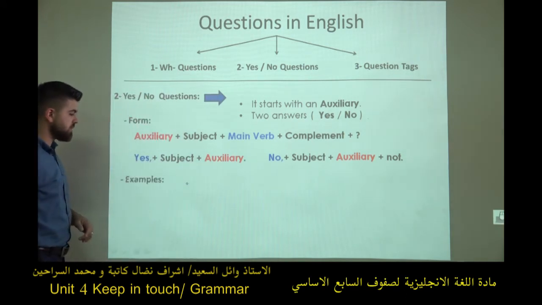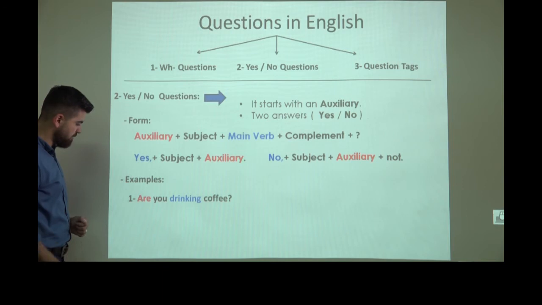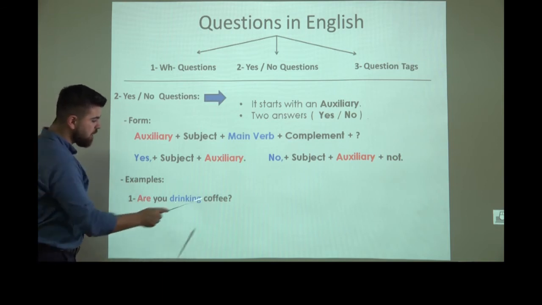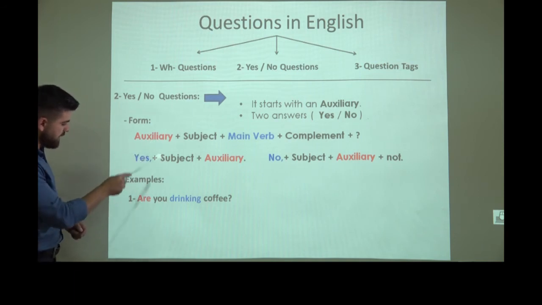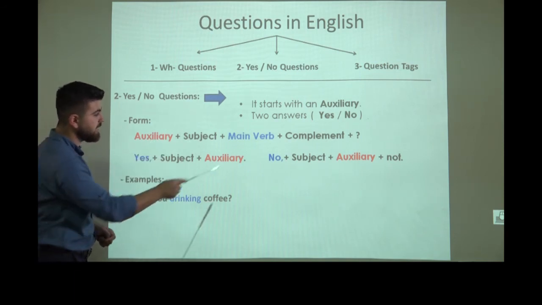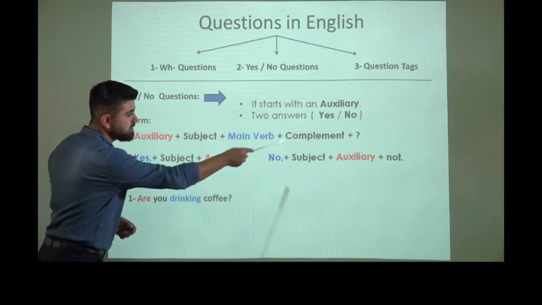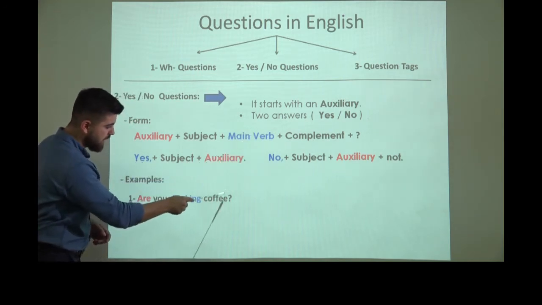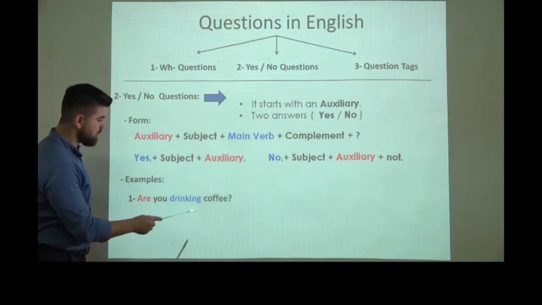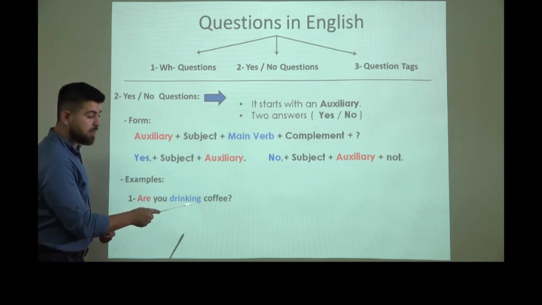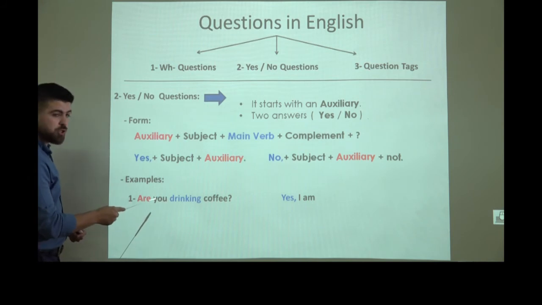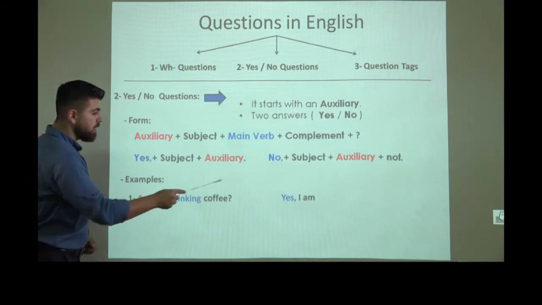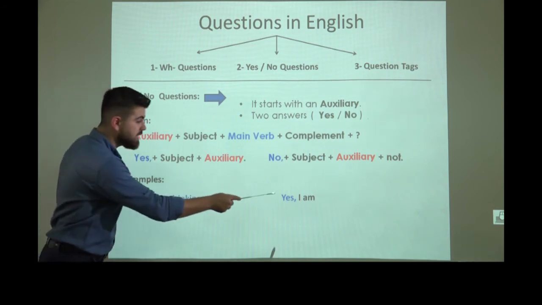Okay, we will see some examples. بدنا نشوف بعض الأمثلة. Are you drinking coffee? Look at this order. Are is an auxiliary, you is a subject, drinking is the main verb, coffee is a complement, and we have a question mark. So the answer is going to be yes, I am.